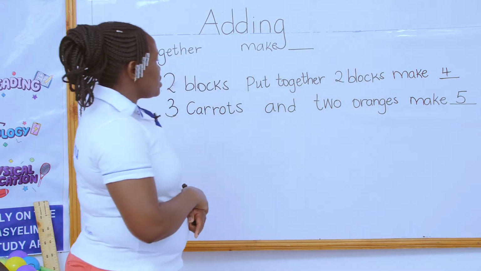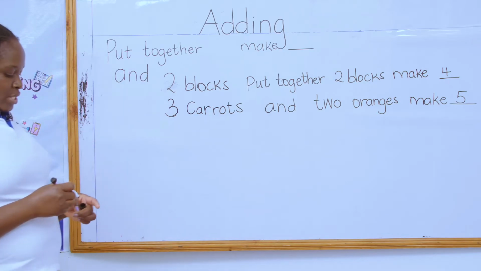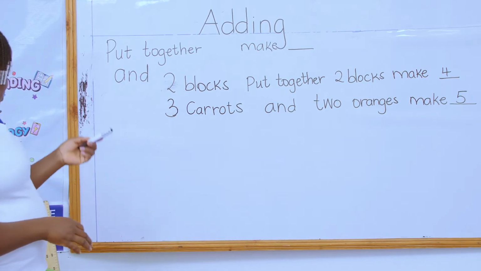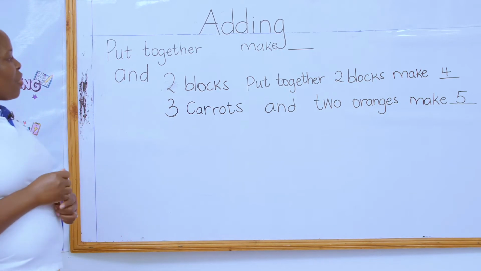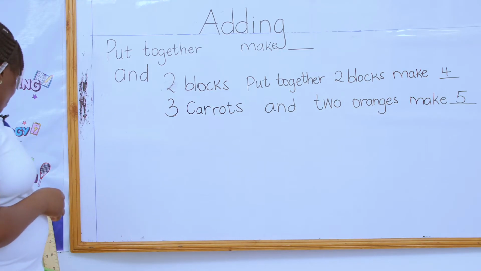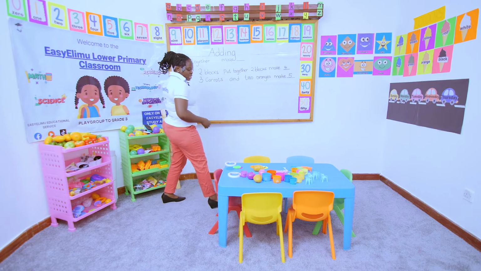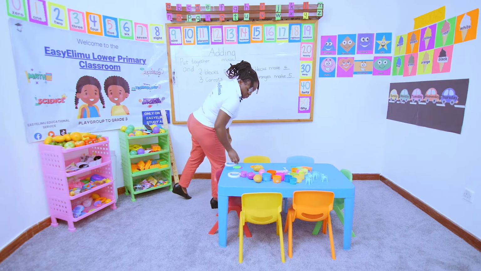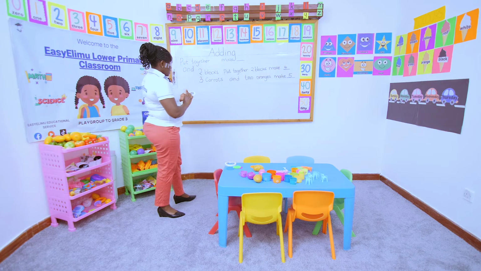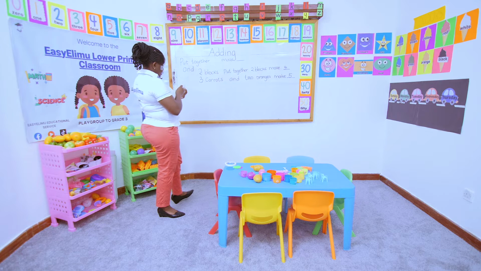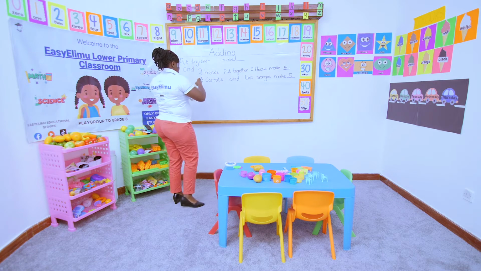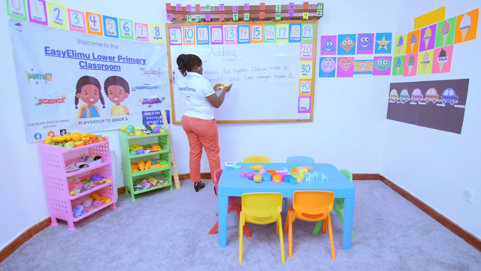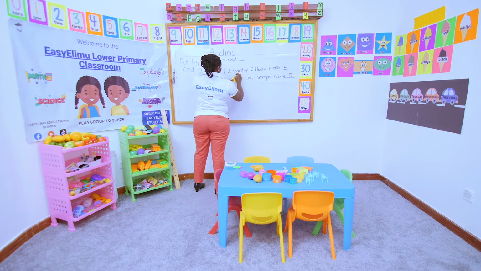Now, I want to show you something else. We can use the word put together, it's still correct. We can use the word and, it's still correct. But now, to write it in a simple way, these can be replaced by this sign. The word put together can be replaced by this sign, or the word and can be replaced by this sign.